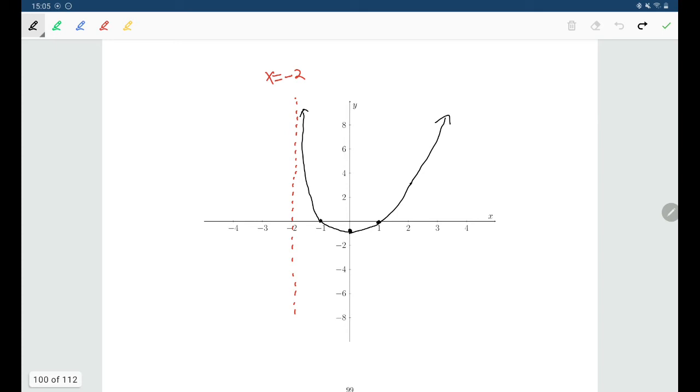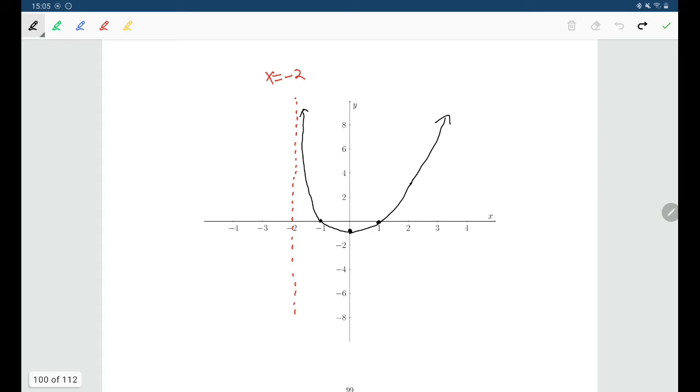I know a couple of things already. I know that whatever my point is, I'm either going to have to go up to the positive side of that asymptote or head down to the negative side of that asymptote. I also know that I don't have any x-intercepts, so whatever I do will not involve me crossing that x-axis.